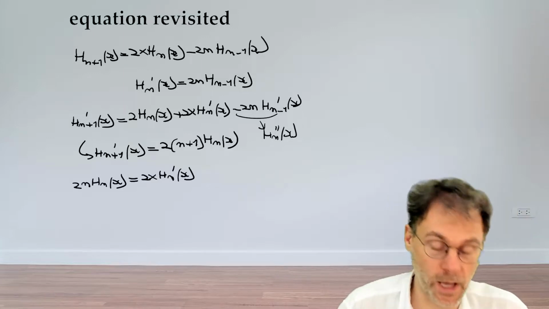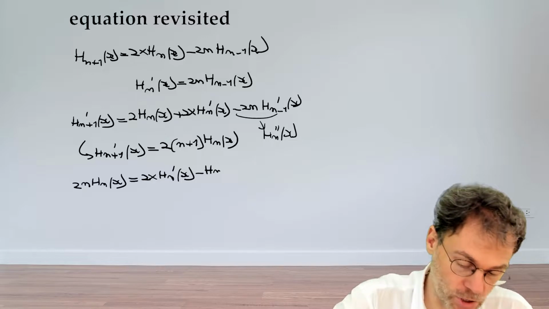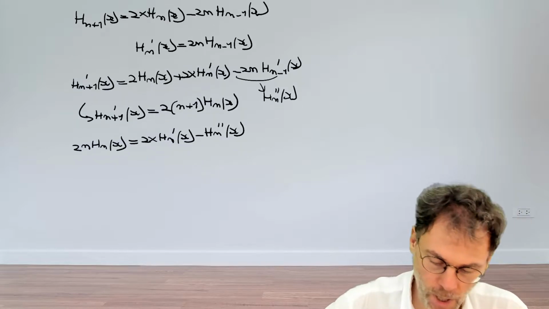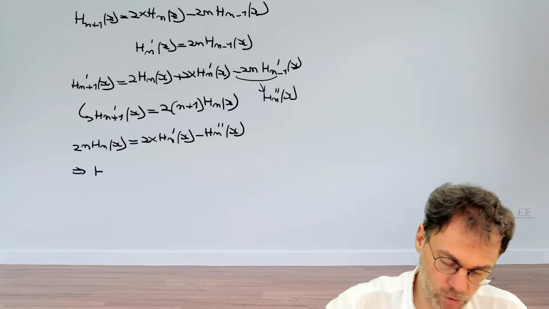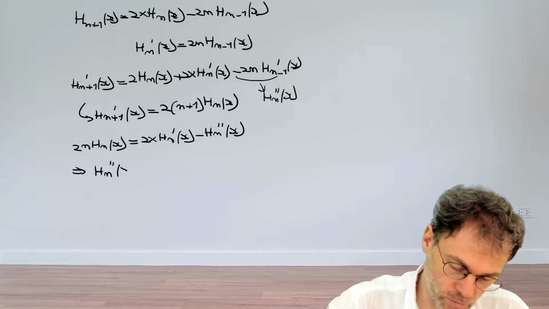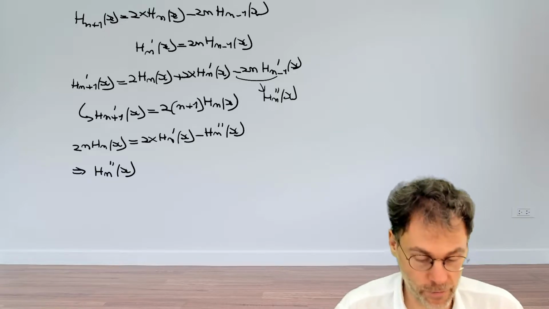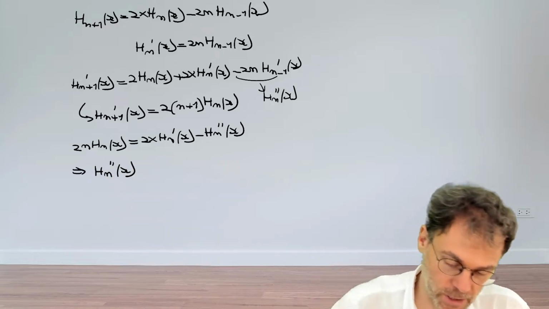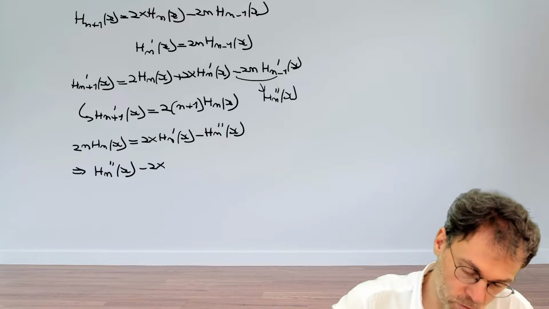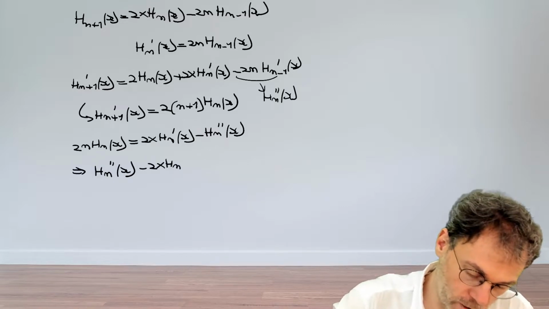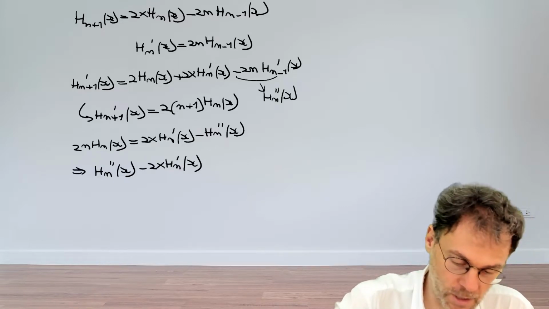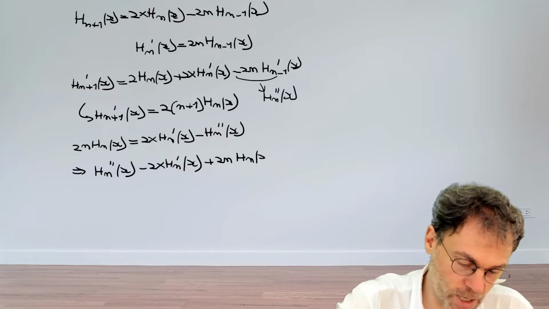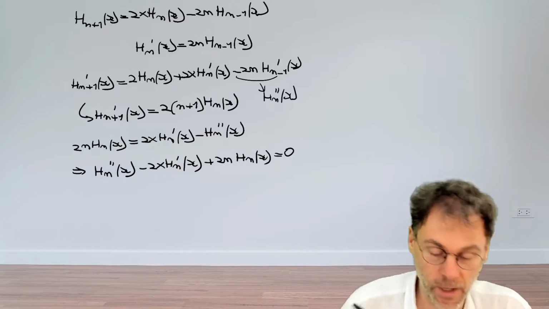And then we have minus H_n''(x), which we can of course reorder a little bit to look more like the regular form of a differential equation. So we bring this thing to the left-hand side. We bring also 2x H_n' to the left-hand side. And then we have plus 2n H_n(x).